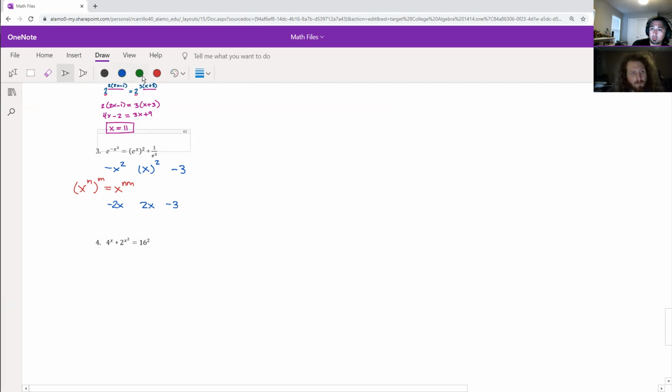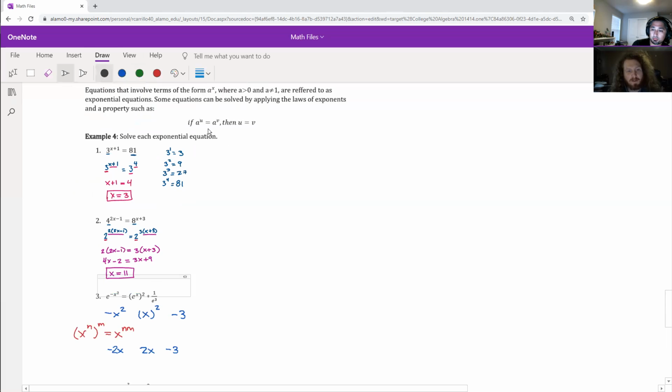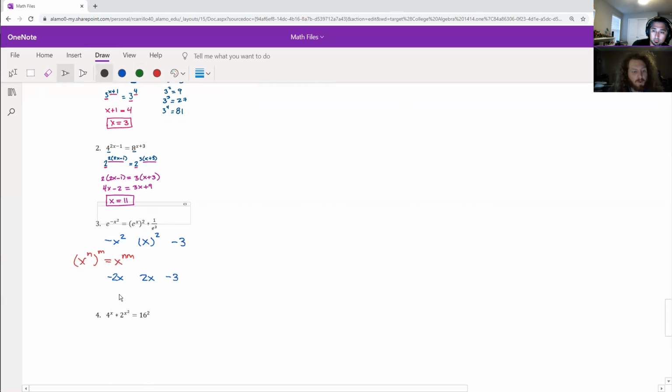Now, I don't have to show you the mechanic behind it because we have this property that says that when our bases are all the same, we get this. So I'm going to use this to rewrite my problem. Instead, we'll have e to the negative 2x equals e to the 2x times e to the negative 3.